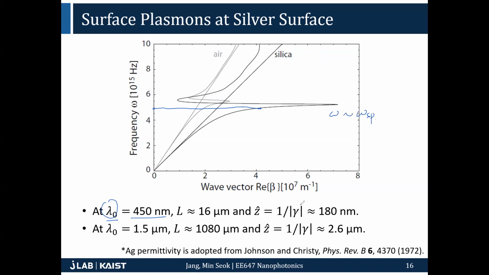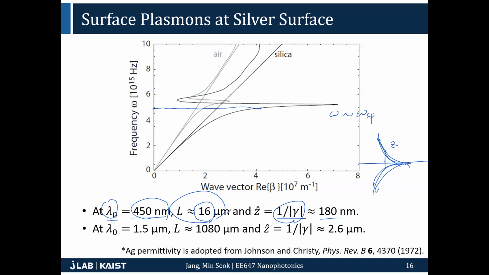Here you can see 1 over gamma, which is the field confinement factor along the z direction. So 1 over gamma is 180 nanometers, much smaller than lambda, right? So the field is tightly confined at the interface. But the propagation length is 16 microns.